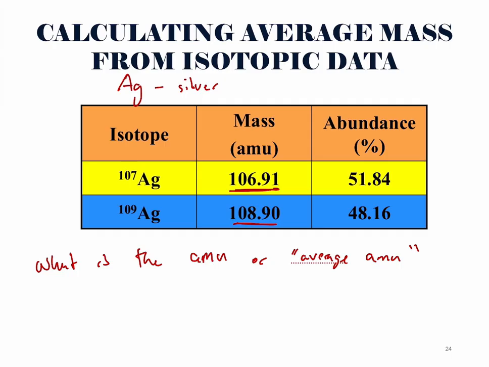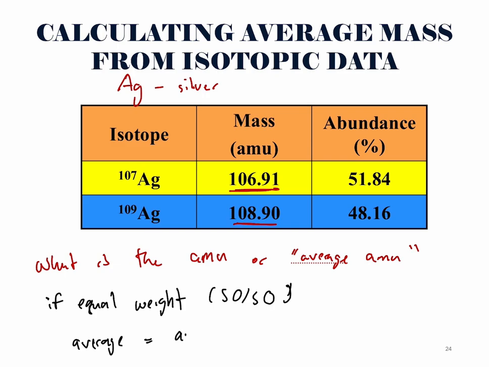But here you're actually given the relative abundances of each of those. What was just said, mathematically, if they were equal weight, meaning 50-50, then we would say the average AMU is equal to the mass of Ag107 times 1/2 plus the mass of Ag109 times 1/2.